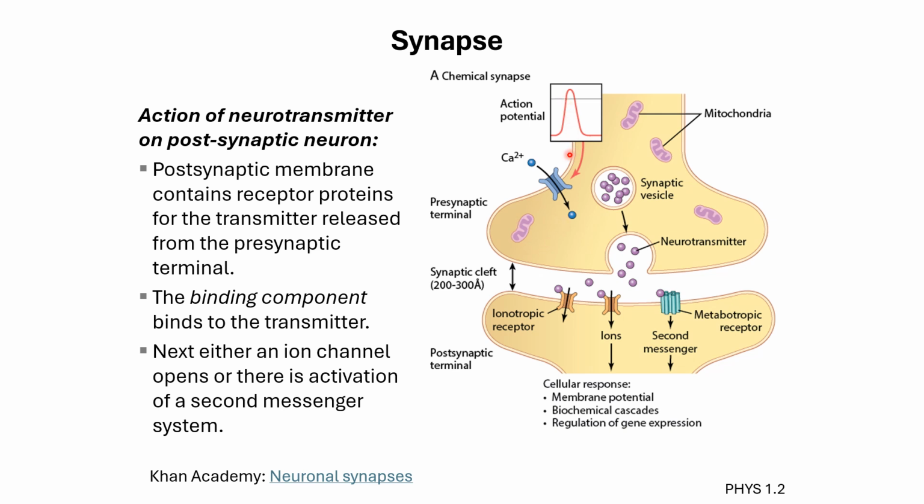So the action potential, which is an electrical signal, has to become a chemical signal in the form of a neurotransmitter, and then it may cause another action potential to form over here if this ion channel happens to be, say, a sodium ion channel.